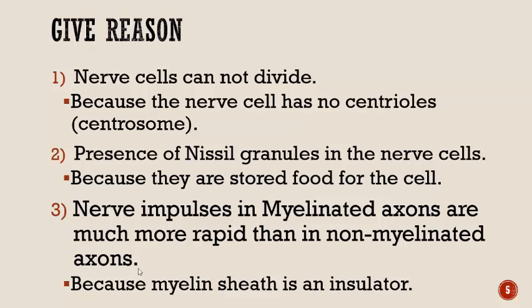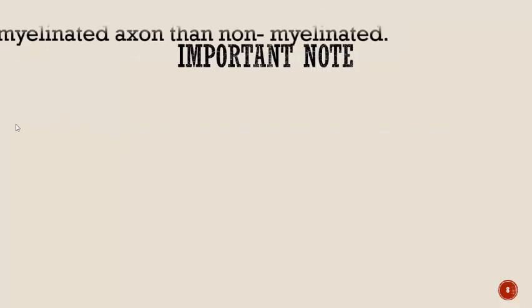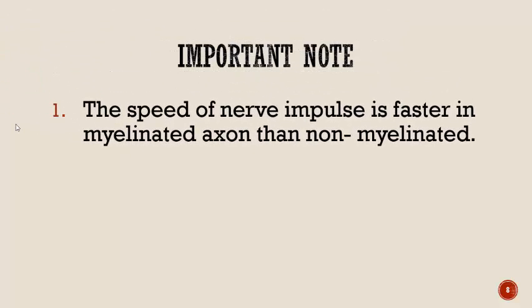And we are going to talk about the nerve impulses, which are a group of electric impulses that travel through the nerve cells and the axon. A very important note. Number one, the speed of nerve impulses is faster in myelinated axons than non-myelinated axons due to the presence of myelin sheath.